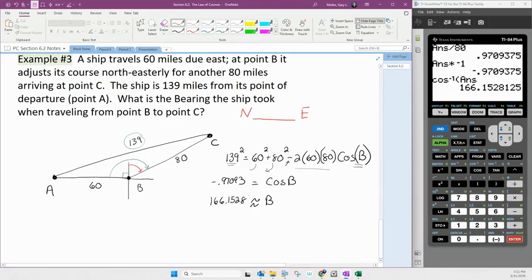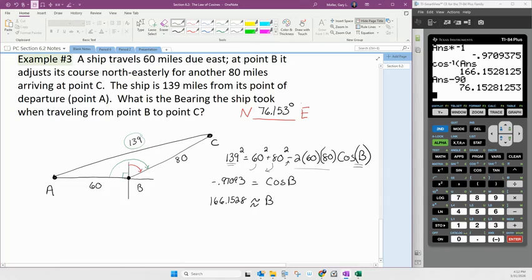That is not my answer. That is the full angle B. So according to my picture, I want this little red bearing, which now would be minus 90. So that would be 76.153 degrees.